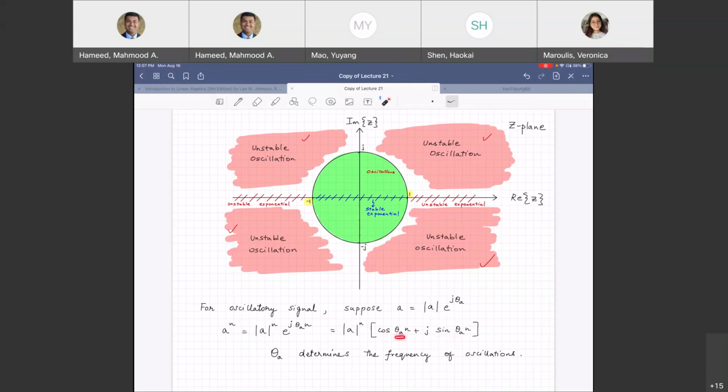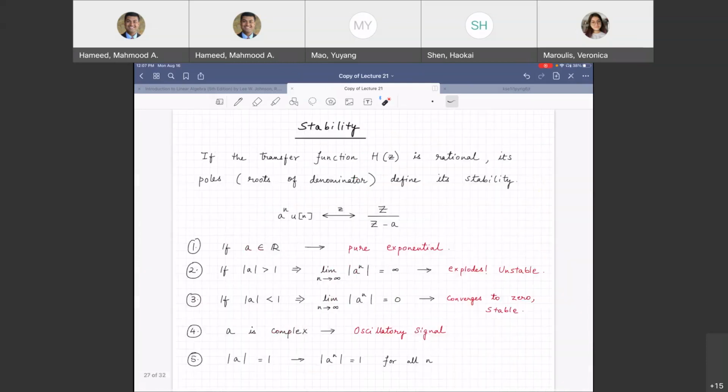They will have some frequency. Theta A will determine the frequency of the oscillation. So depending on the complex number A that you have, if it is complex, that will define the frequency of the oscillations. They could be stable or unstable, depending on whether they are inside the unit circle or outside the unit circle.